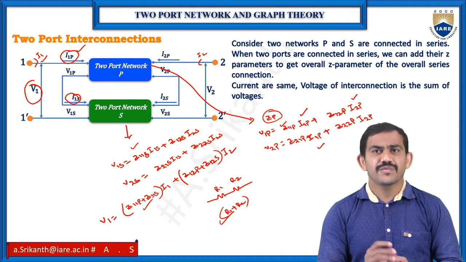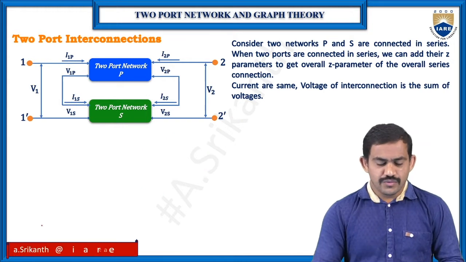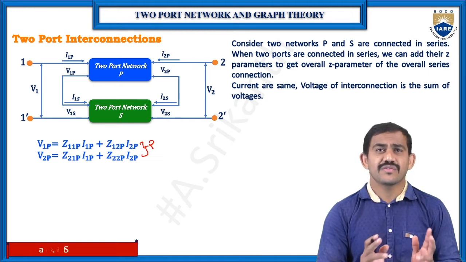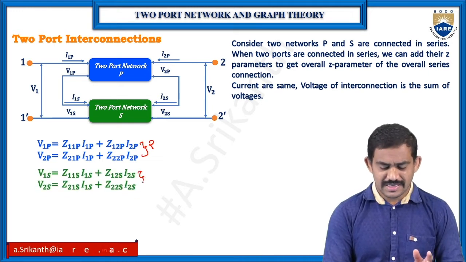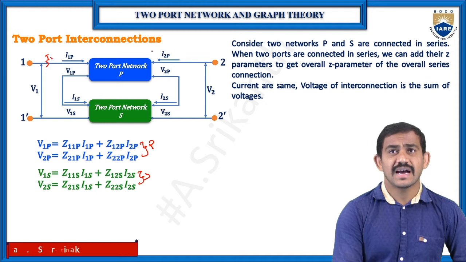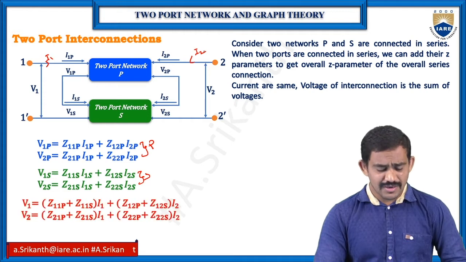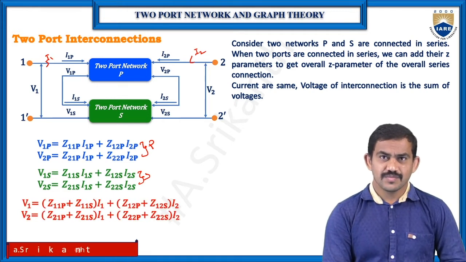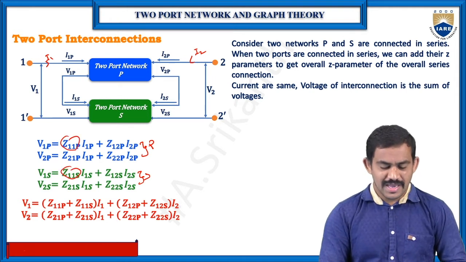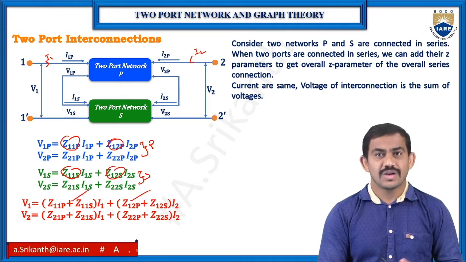Same thing for the V2 value. Here we have the P network values and here the S network values. Then V1 in the form of I1 and I2 uses Z11 of P and Z11 of S, so we add those values, and the same for the other terms.